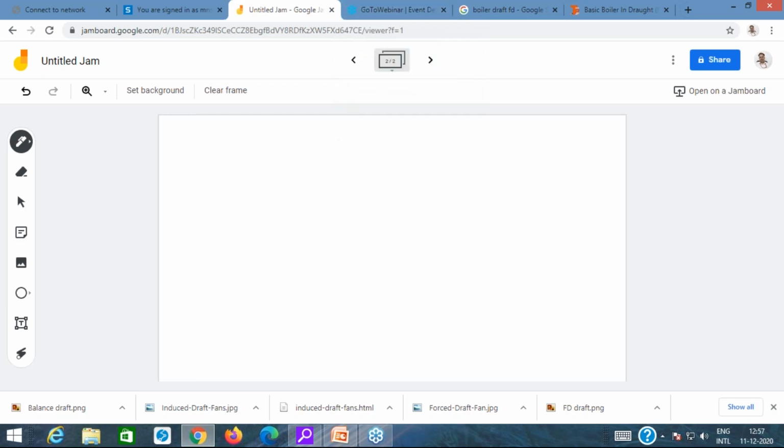Let me draw this figure. There's a boiler which is an open system. This boiler is operated at 7.6 bar. The steam is a wet steam whose dryness fraction is given to be 0.98.